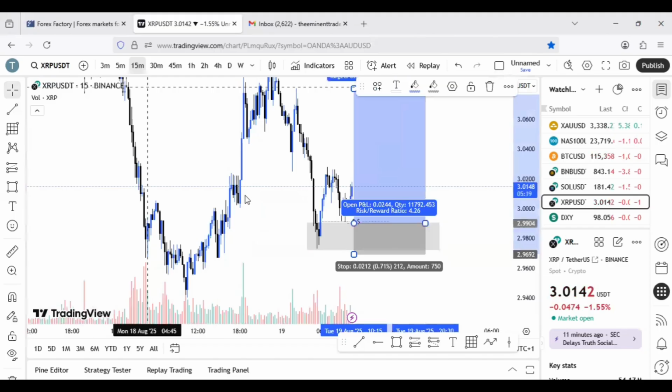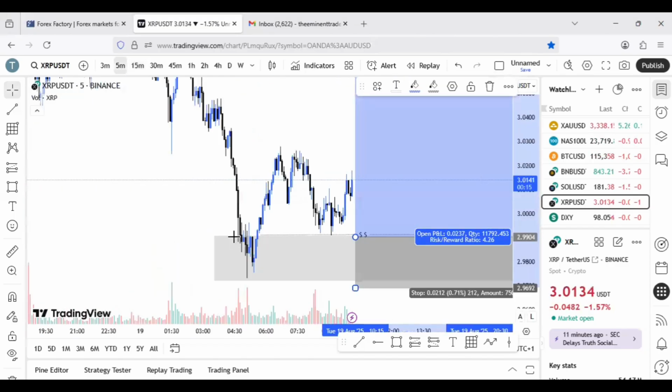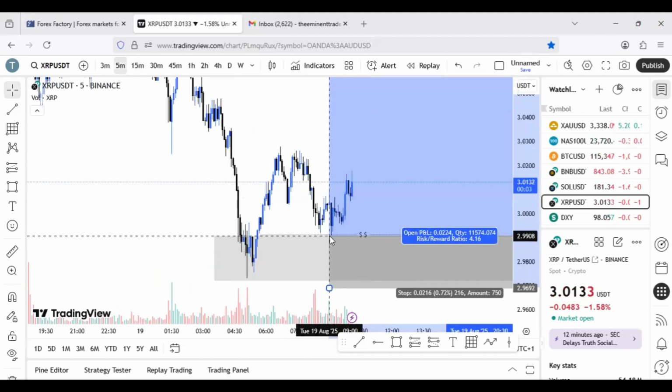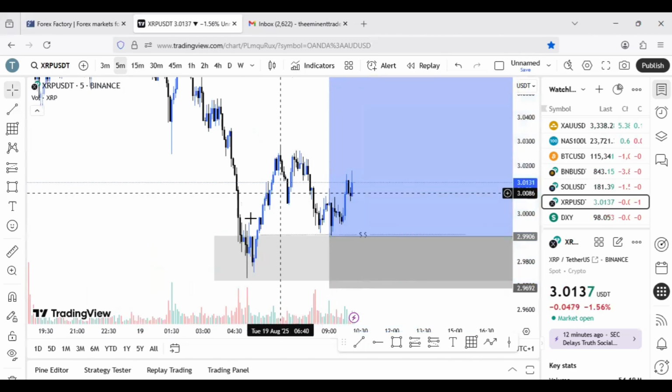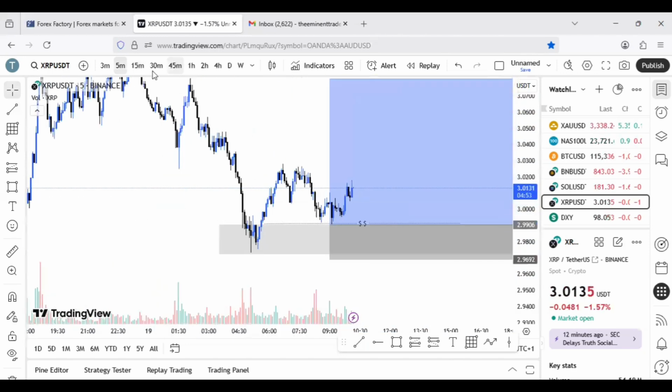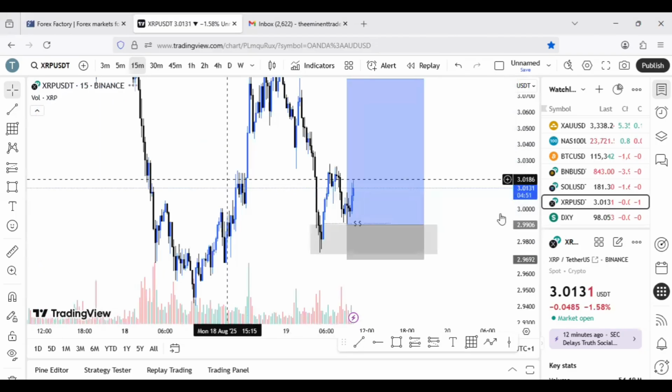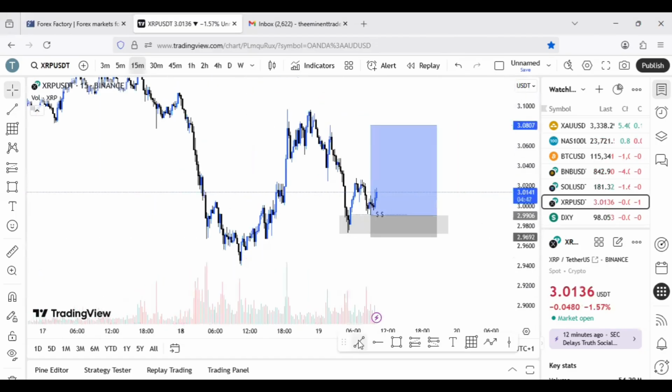Let me go to the 5 minutes and see. It looks like a missed entry though. But let's see if the market decides to come back. Again, this looks like a good place.